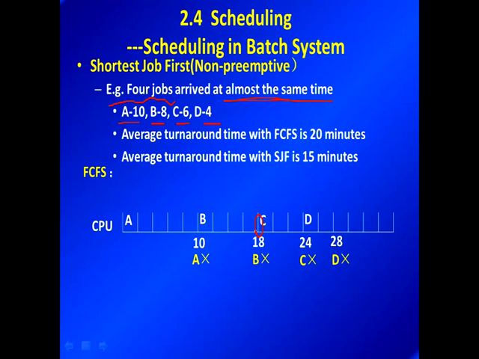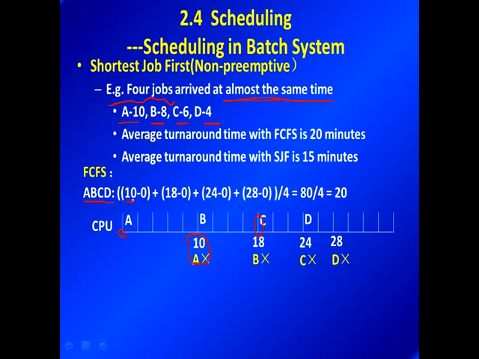So if you need to calculate the average turnaround time, it should be calculated based on this expression. The first one, A, B, C, D, is the execution order, and the turnaround time for A should be the completion time 10 minus 0, because we just suppose they all arrived at time 0.